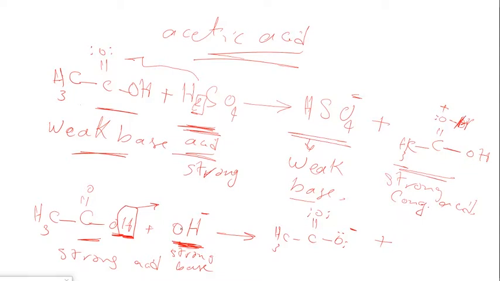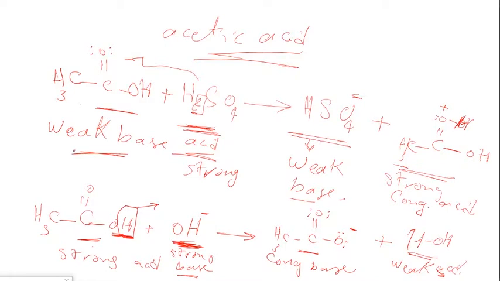On the other hand, the base will take that H and form HOH, which is a weak acid. You can see that it always flips: if it starts as a base, it will end up as a conjugate acid, and if it started as a strong acid, it will be a conjugate base.